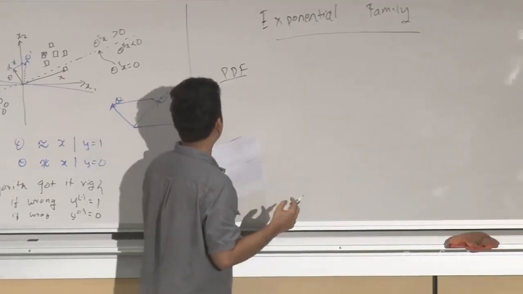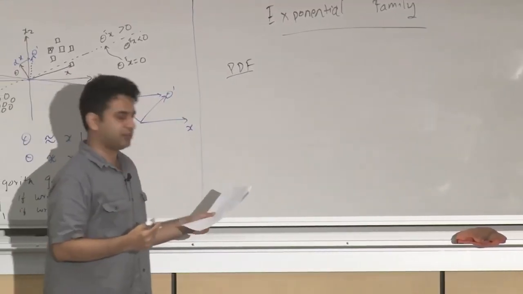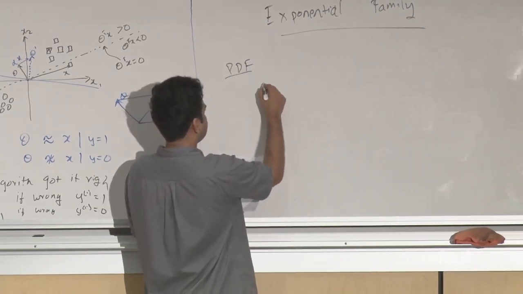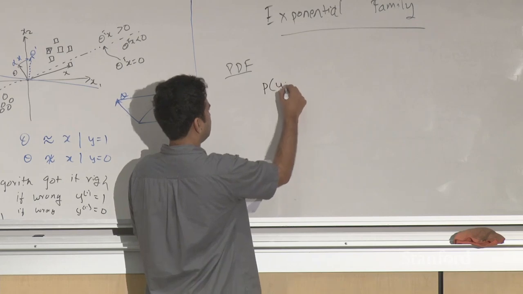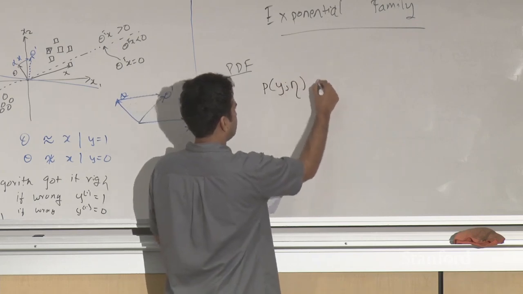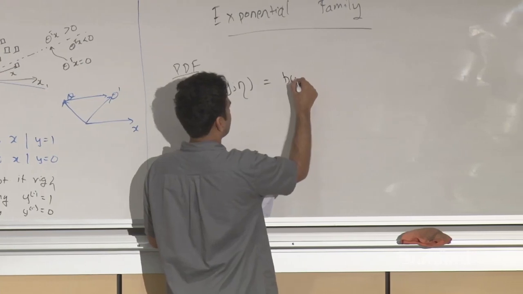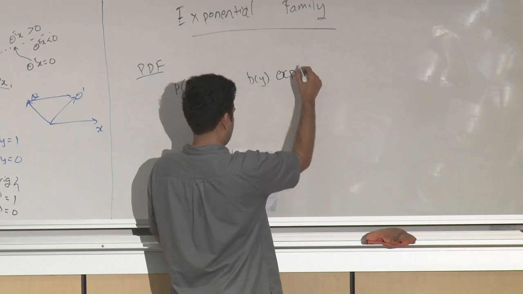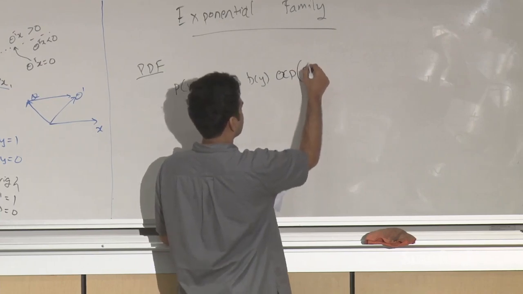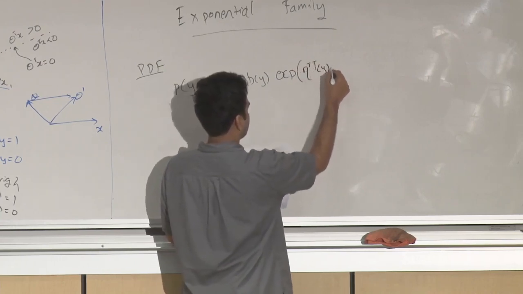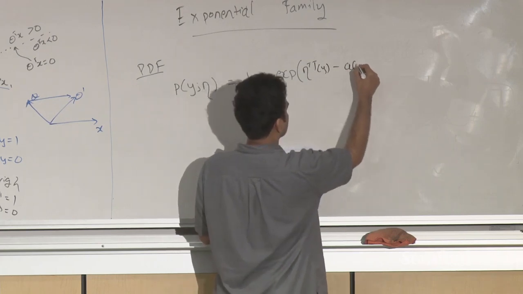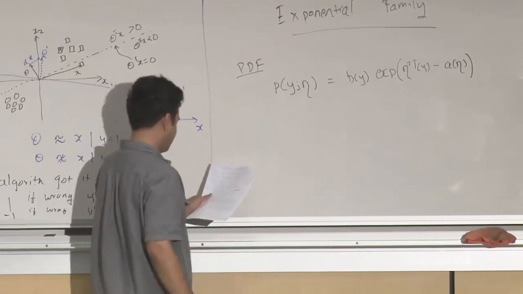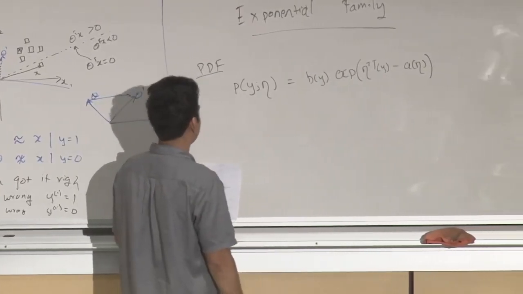If it's a discrete distribution, then it would be the probability mass function. This looks pretty scary. Let's break it down into what they actually mean.